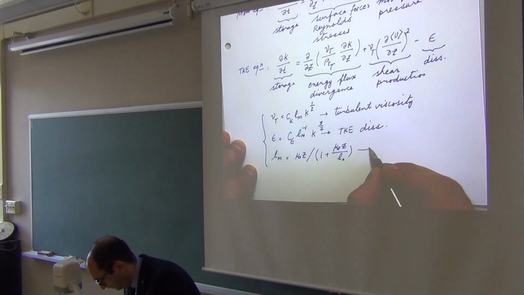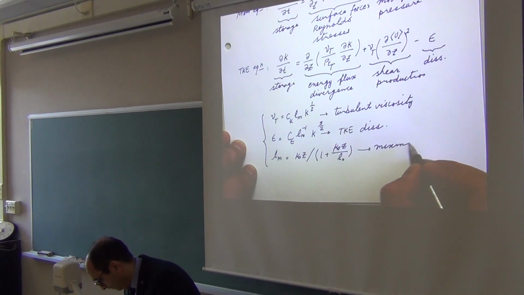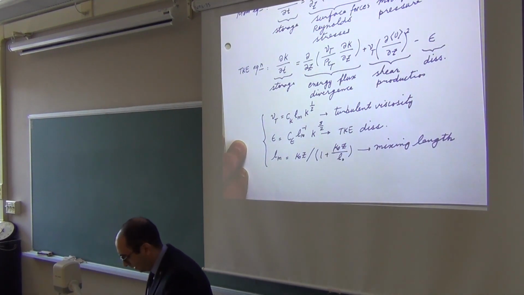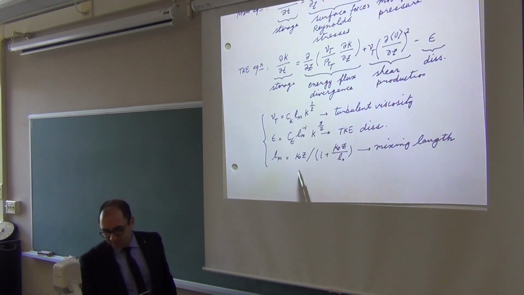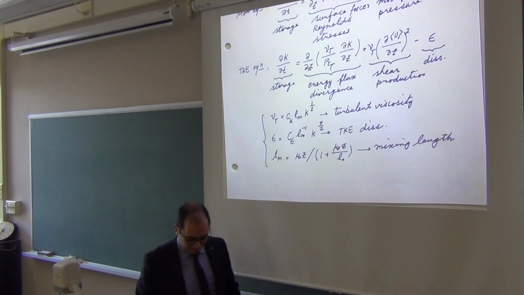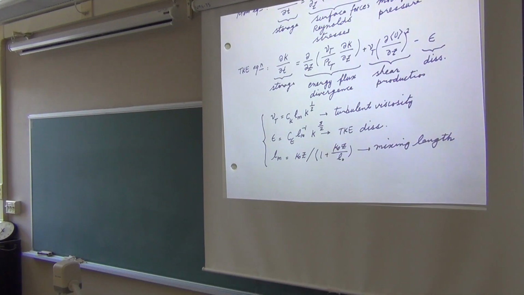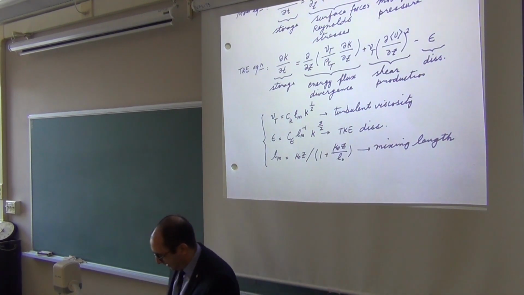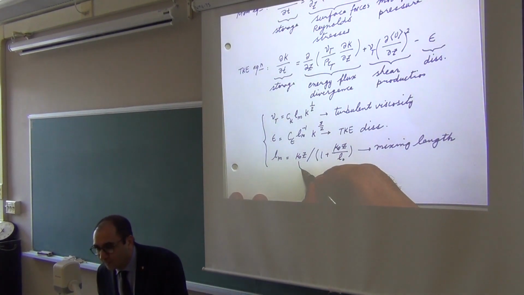Is here. So do not confuse this symbol here. This is not K. This is not K. Anybody knows what this is?